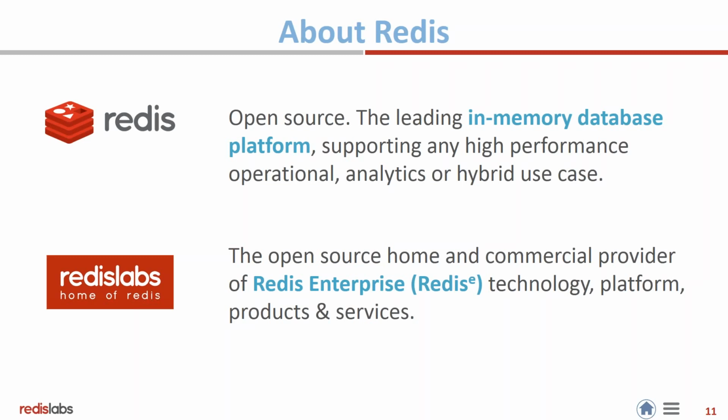And about Redis Labs: Redis Labs is the home of Redis and sponsors the open source Redis project. Redis Labs also offers Redis Enterprise technology. We will talk about Redis Enterprise a bit towards the end of this webinar. Redis Enterprise offers high availability and many other cool features, especially for production deployment of open source Redis.